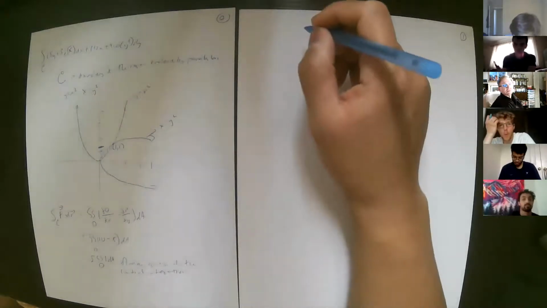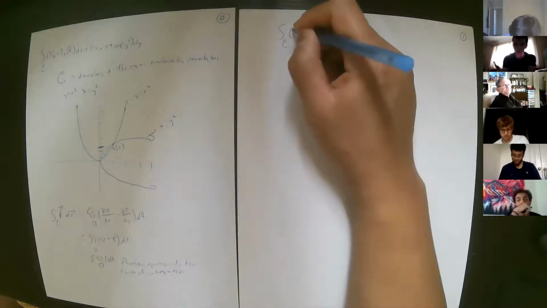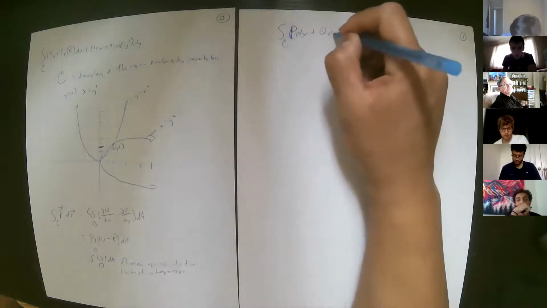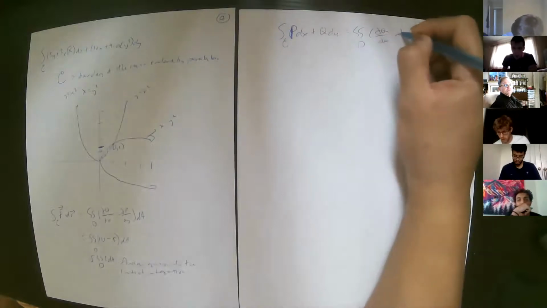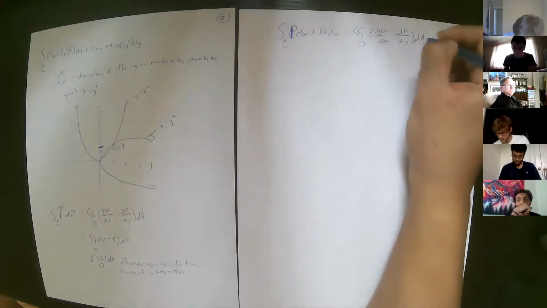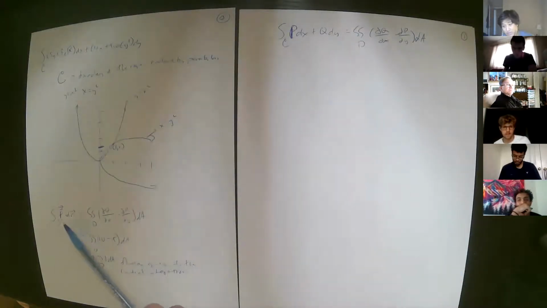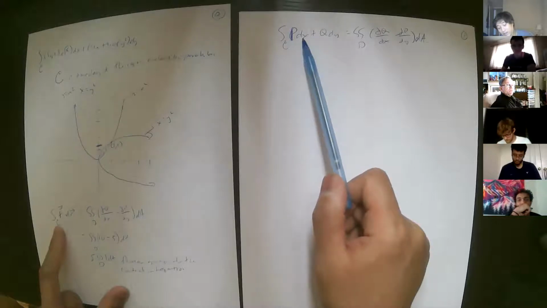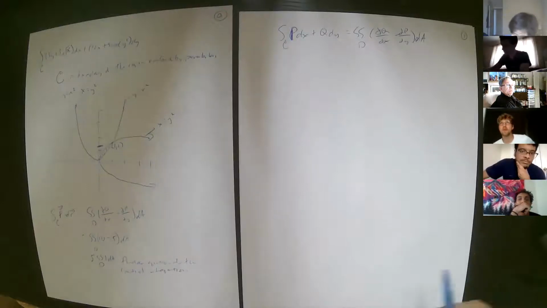So if I want to integrate, what does Green's theorem say? It says this: the integral of P dx plus Q dy is the double integral. And here I didn't write this; I wrote F dot dr. So why are these the same? That's something we didn't quite talk about, but let's think about why they're the same.